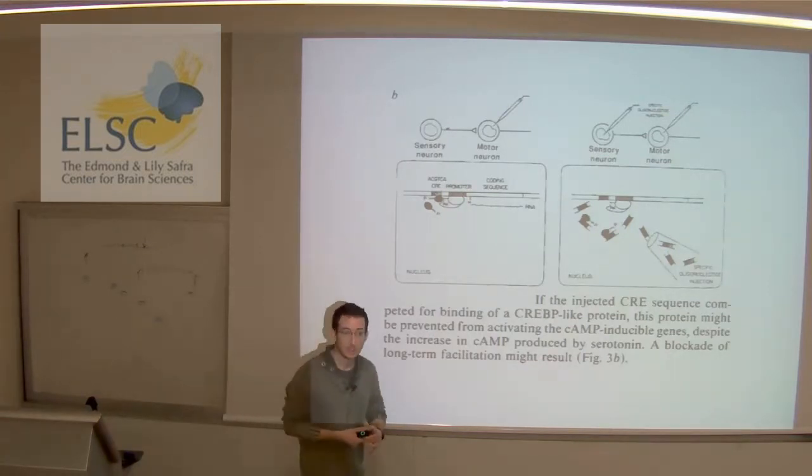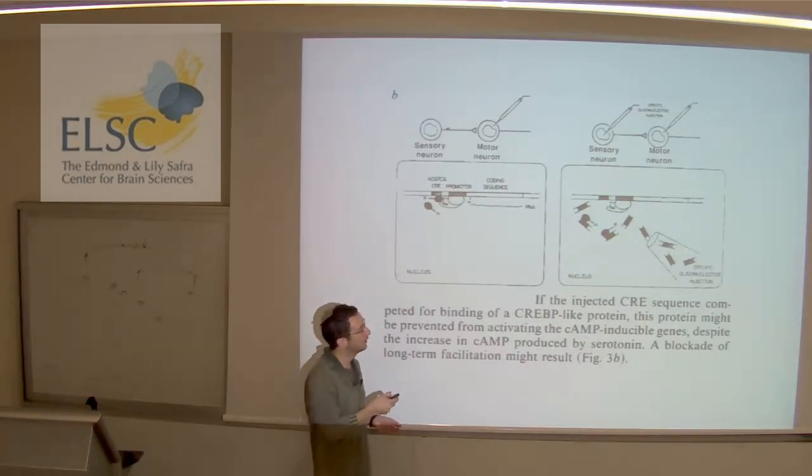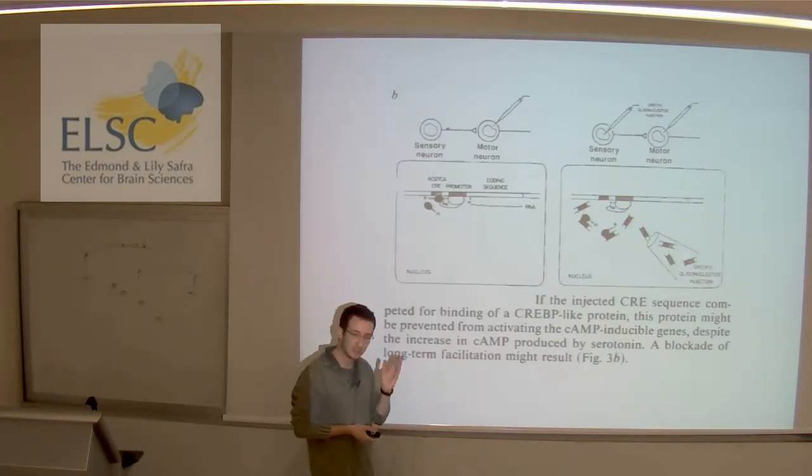So it's a CRE, and you have CRE inside the genome, right? So what you do here is an exogenous CRE, as opposed to the endogenous CRE. And what's the difference between the endogenous CRE and the exogenous CRE that they have injected? It doesn't have a gene downstream. And that's why it titrates out the effect, if there will be any.